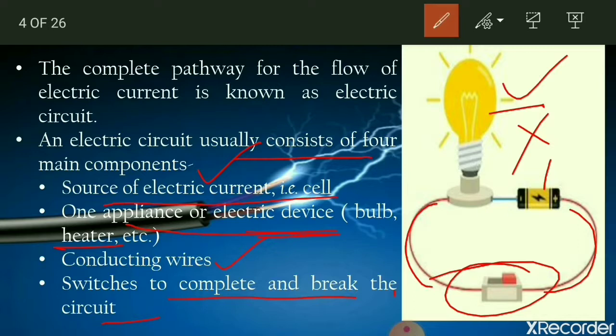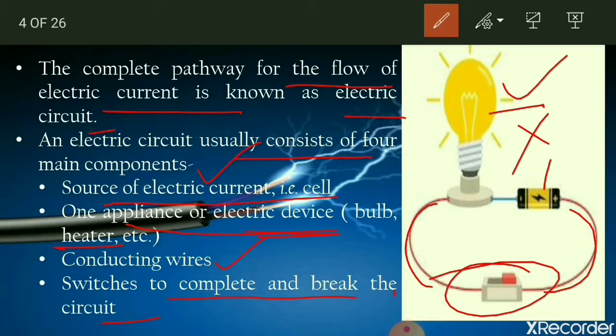So an electric circuit is a complete, unbroken pathway through which electric current can flow. That complete pathway is called an electric circuit.